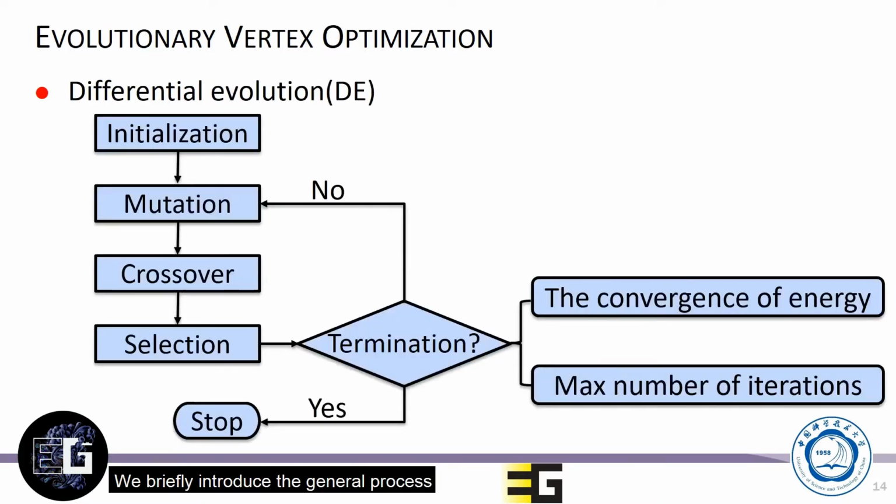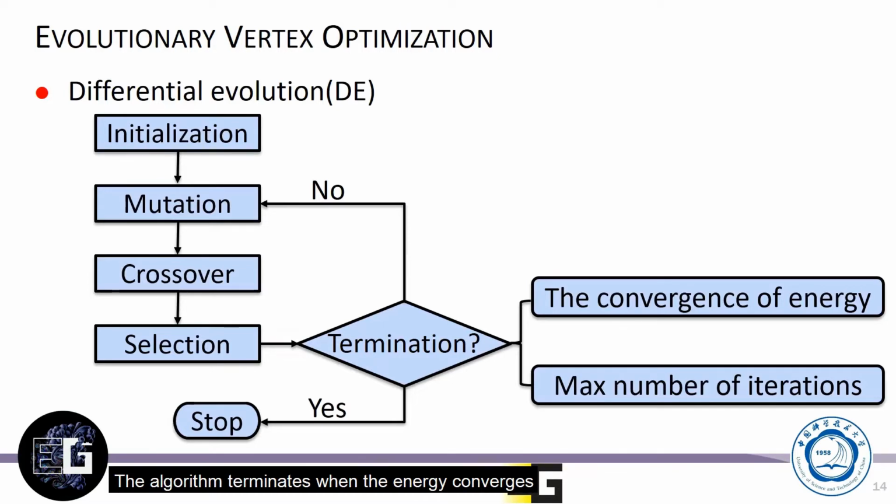We briefly introduce the general process of differential evolution. First, it starts from a randomly chosen population that samples the search domain through initialization. Then, it iteratively works through 3 stages, including mutation, crossover, and selection, to evolve the population until the termination condition is met.